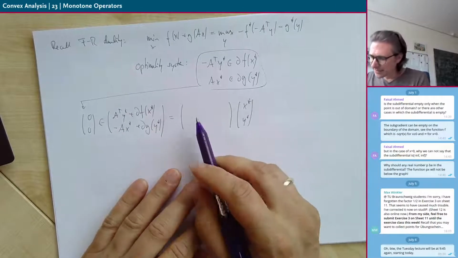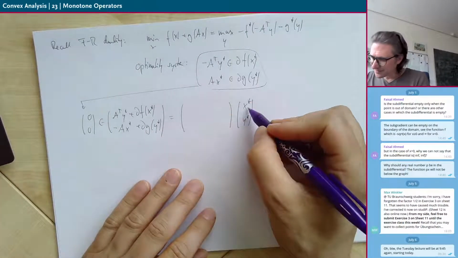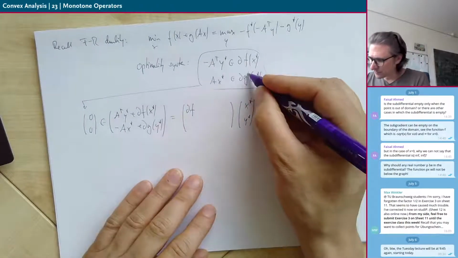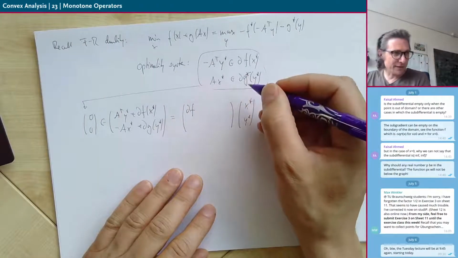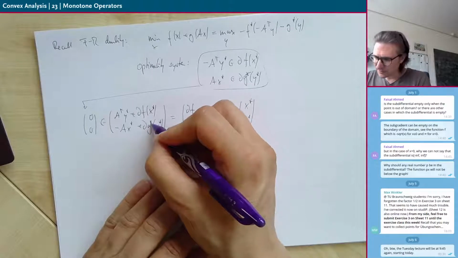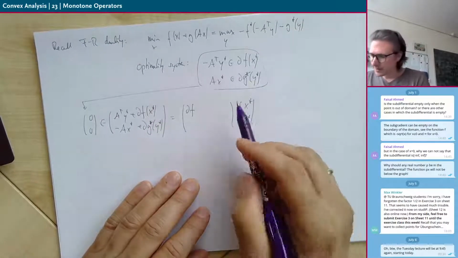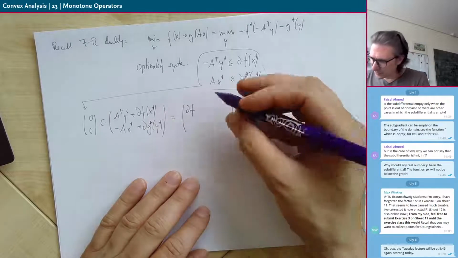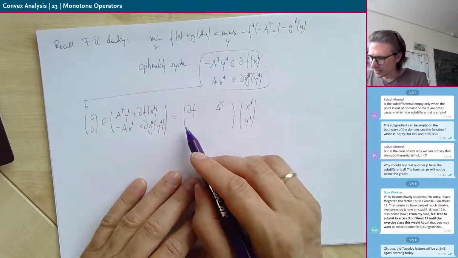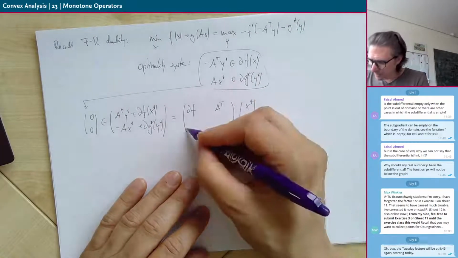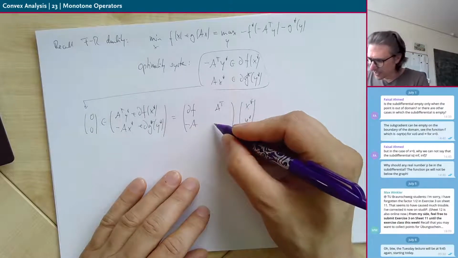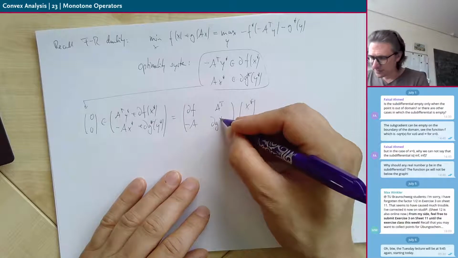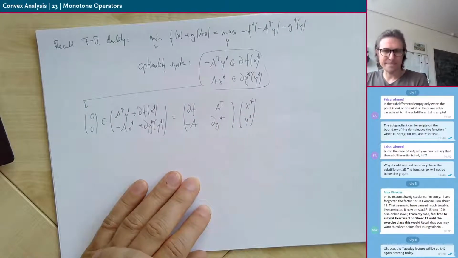The x star goes in the first component into the subgradient of f, and the y goes into A transpose. I forgot, here should be a star, so the conjugate. Down here, the x goes into minus A, and the y star goes into the subgradient of the conjugate.